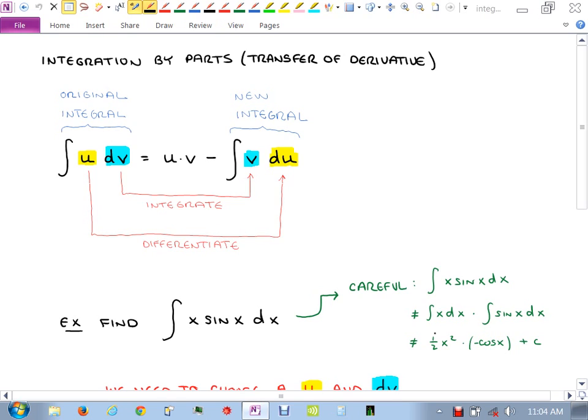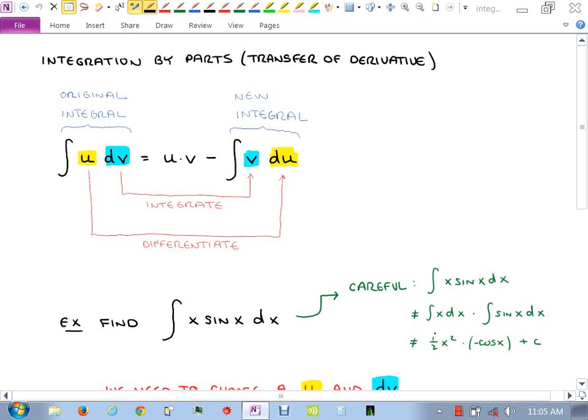And what we want to see is that with integration by parts, you start with an integral, right? You start with this integral, and it has some function and then some other function. And when you change it using the formula, ultraviolet minus voodoo, whatever's over here, the dv, gets integrated over to the new integral, and whatever was u gets differentiated over there.